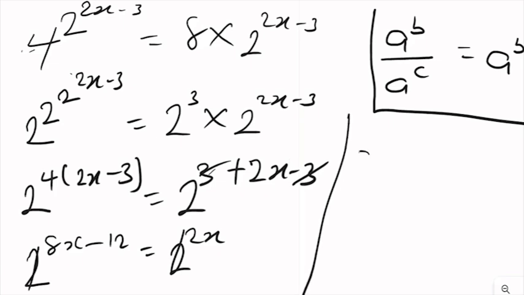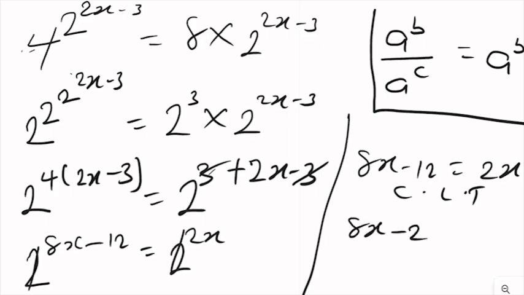We have 8x minus 12 equals 2x. So if we collect like terms, we have 8x minus 2x equals 12. So 6x equals 12. Then from here, we can see that x equals 2.